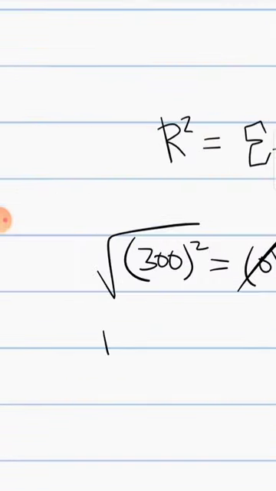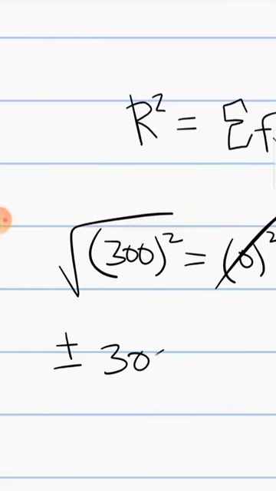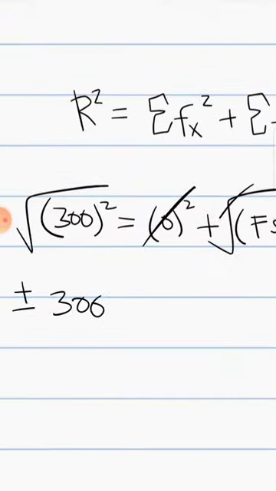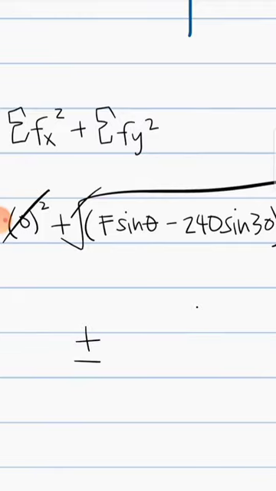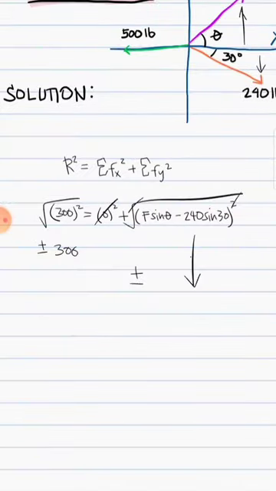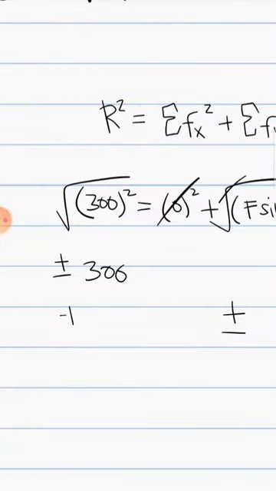It could be on this side, that's positive negative 300, or on this side, positive negative of this term. So either of that is correct. But you should not use both.